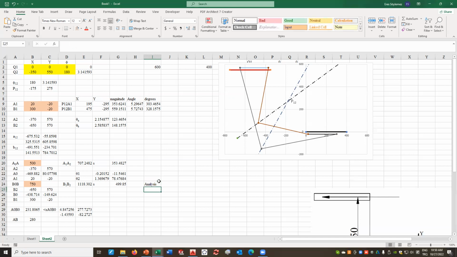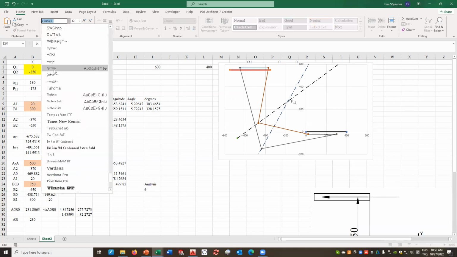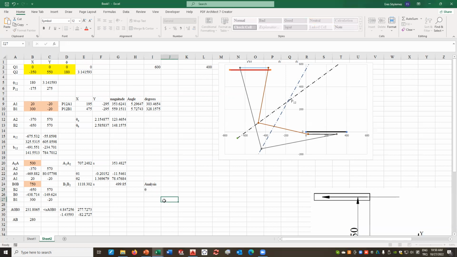Analysis. I will select a certain theta angle. Let me do it this way.